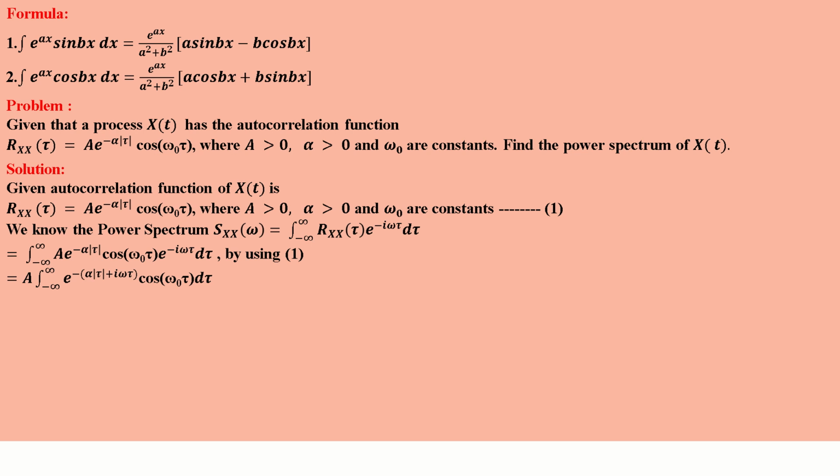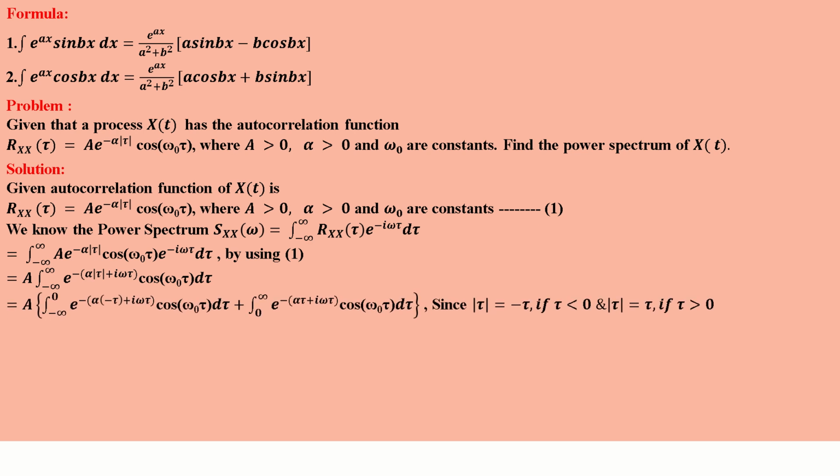So grouping the e powers, a is constant, taking it outside the integral, integral from minus infinity to plus infinity e power minus alpha mod tau plus i omega tau, minus is common, so taking minus outside, cos omega naught tau d tau.